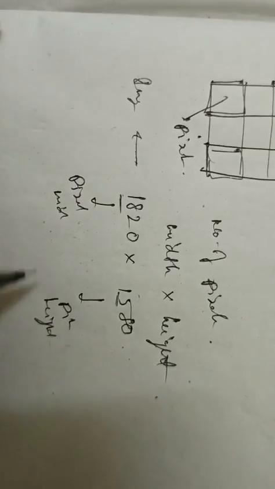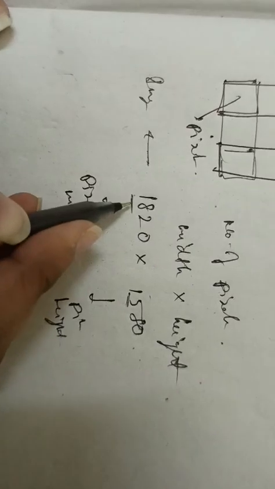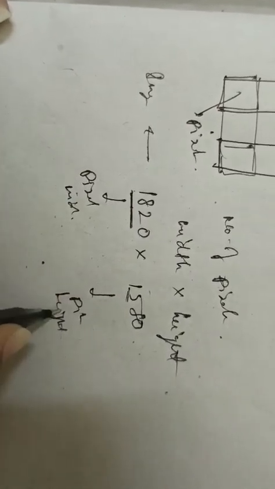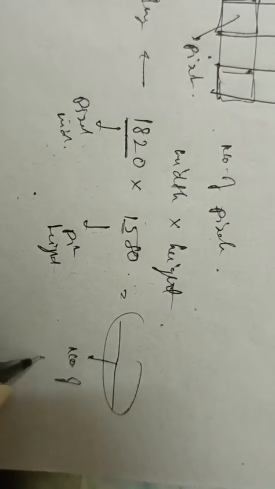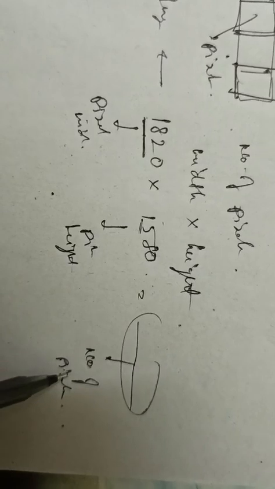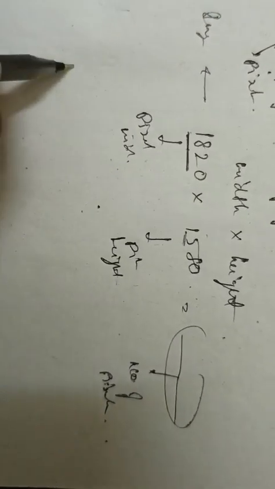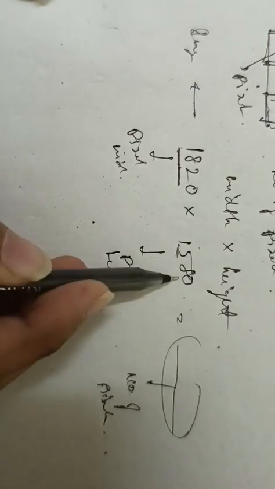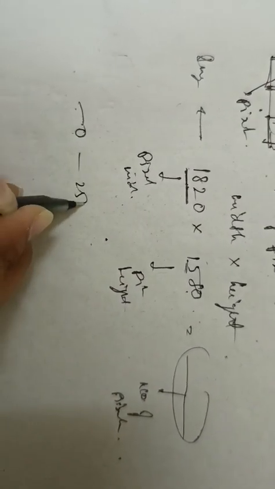So to know the total number of pixels present in a picture, we need to calculate width into height. Here it represents the number of pixels present in that image. Simply, the number of pixels constitutes the total image. Number of pixels equals width into height. The range of pixel values is generally from 0 to 255.